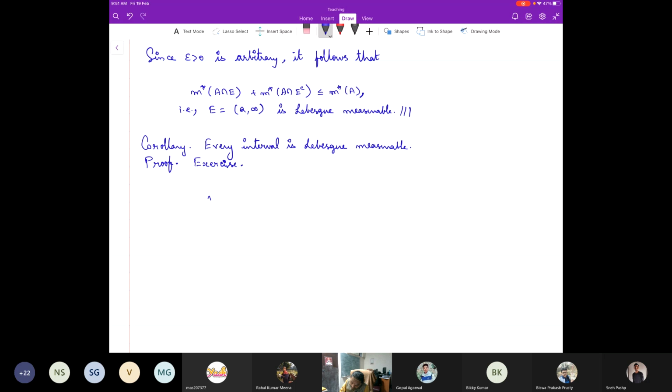For any E subset of Rn, M star of E is the infimum over the sum over k in N of the volume of n-dimensional cubes Ck, such that E is contained in the union over k in N of Ck, where the Ck's are open cubes.